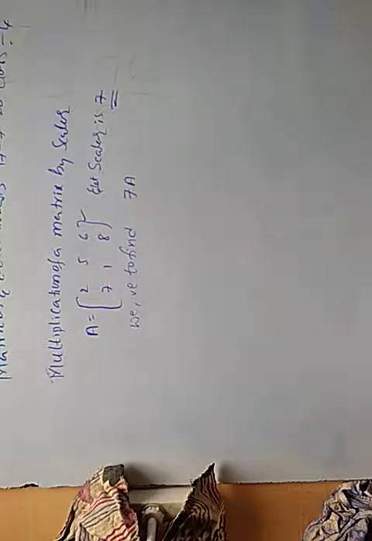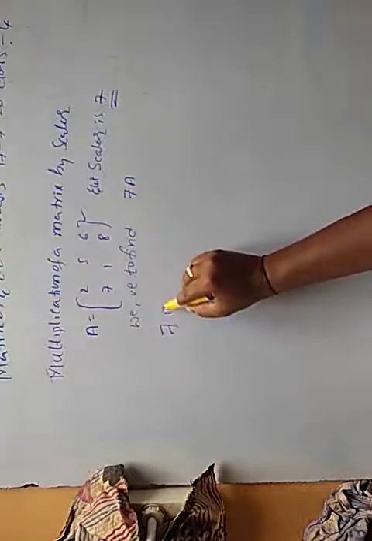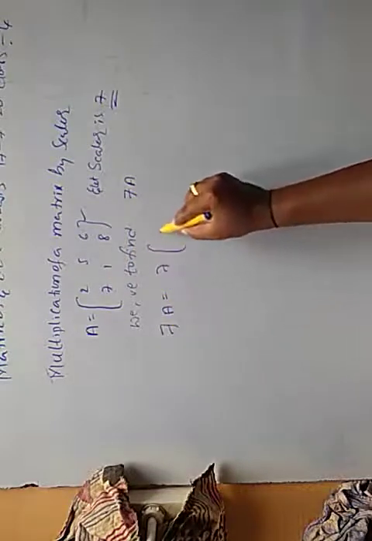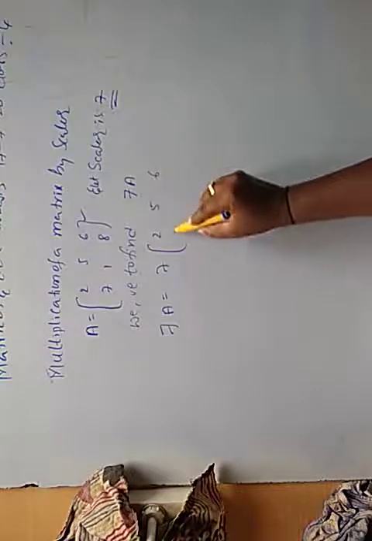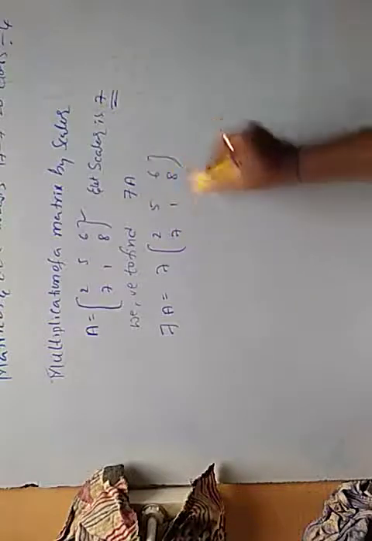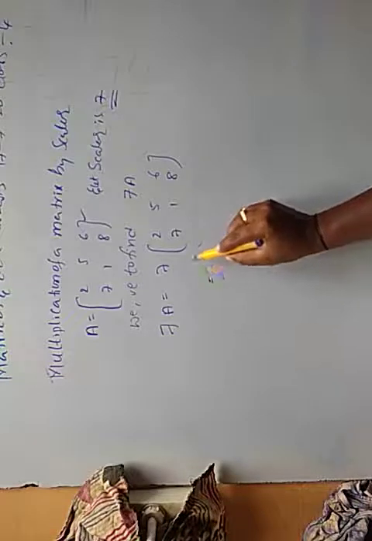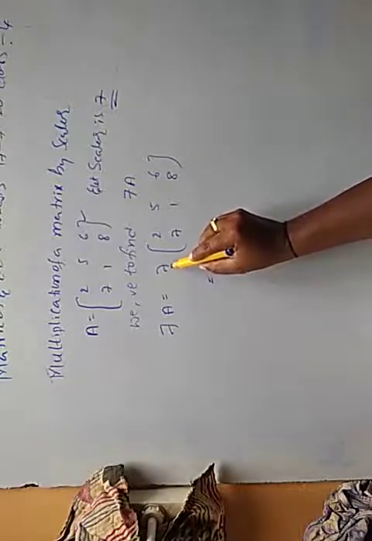We get 7A. That is 7A is equal to 7 into the matrix 2, 5, 6, 7, 1, 8. Multiply this 7 to every number inside the matrix.